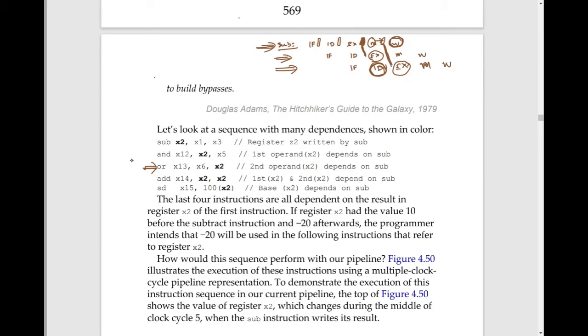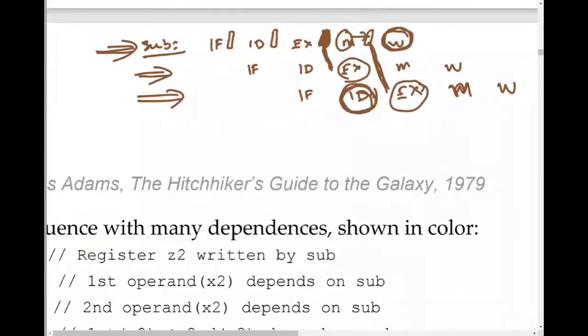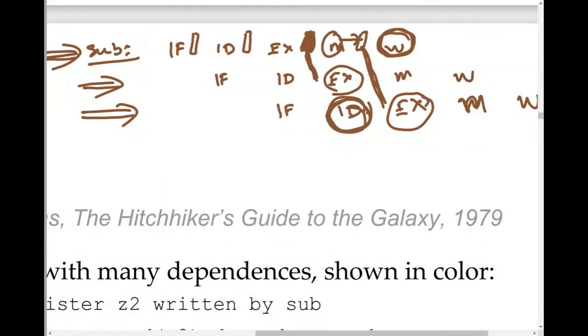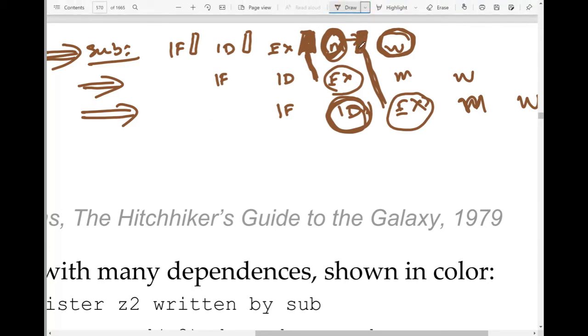So what will happen here? After execution, when we go to the next phase for instruction 1, I'm talking only about instruction 1, we read data from this register and perform the operation here, if any operation is required in this stage, and then we write all the results back into this register.